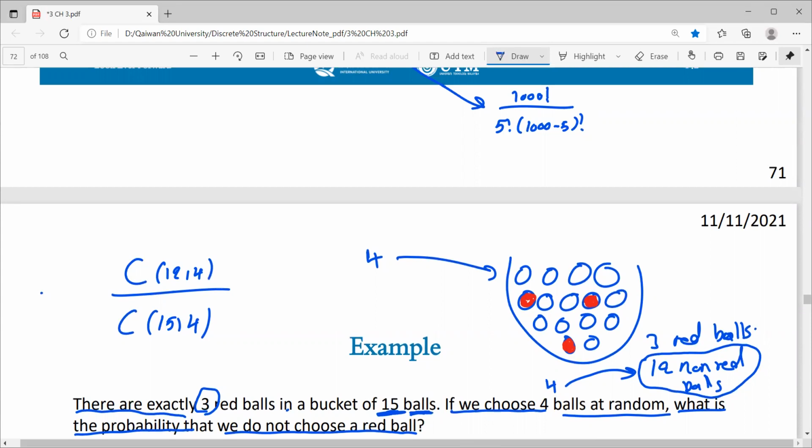Since the total of balls is 15, the combination of 4 out of 15 is in the denominator, and the combination of 4 out of 12 because we have 12 non-red balls.